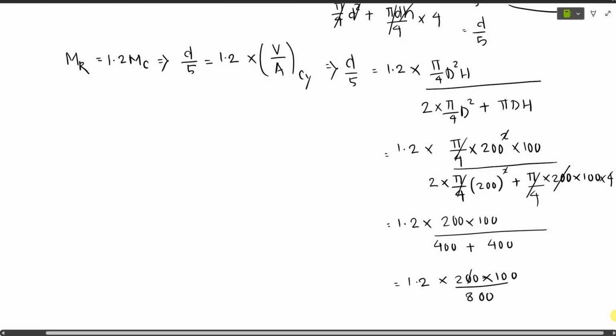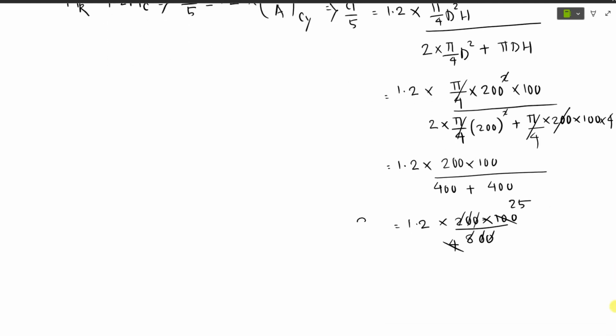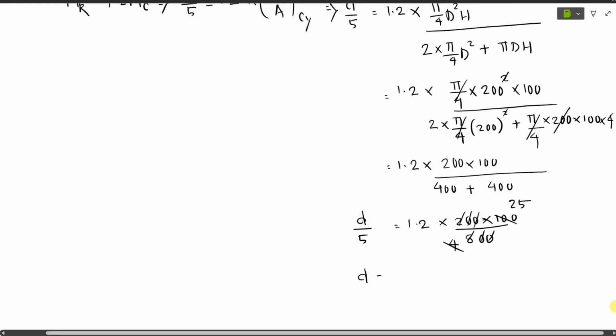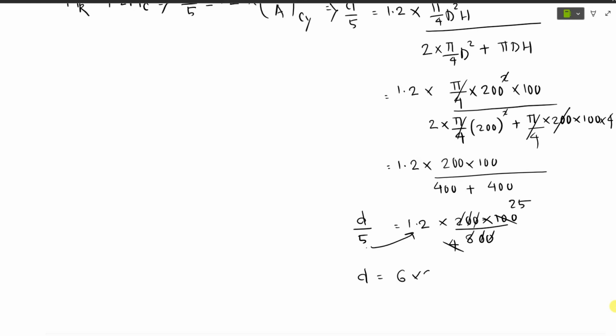We can cancel these two. 2 ones are 2, 4 twos are 8, 4 fives are 20, 25 times. So d/5 is equal to this much. If you bring the 5 here and multiply with 1.2, it gives 6 into 25. So this becomes 150 mm.